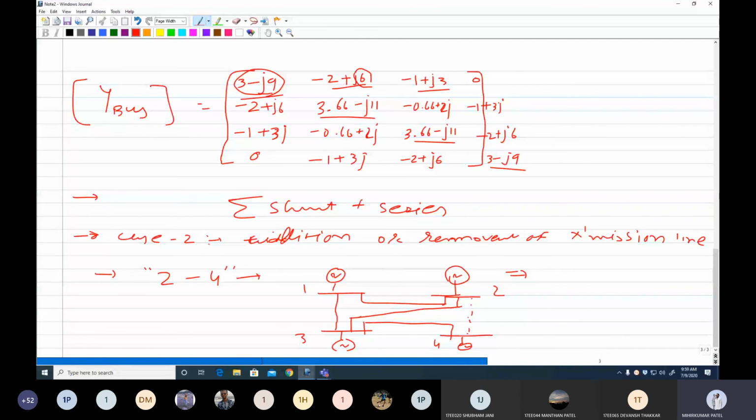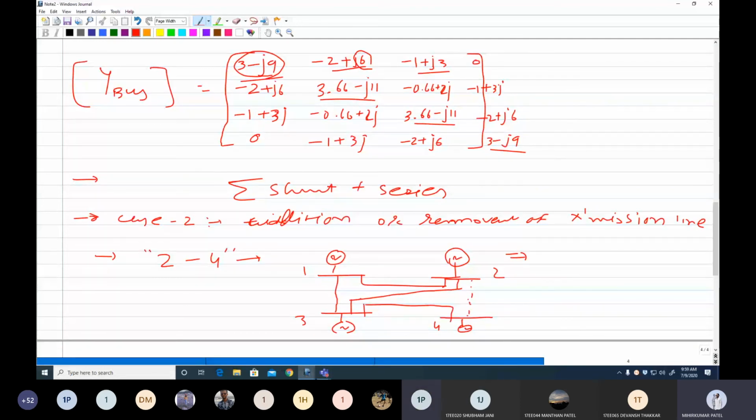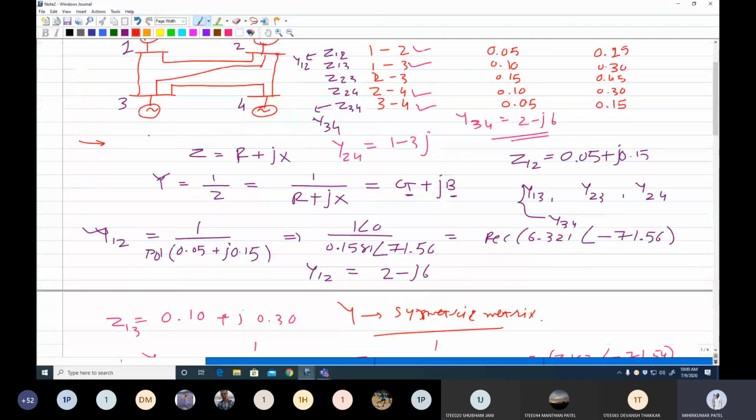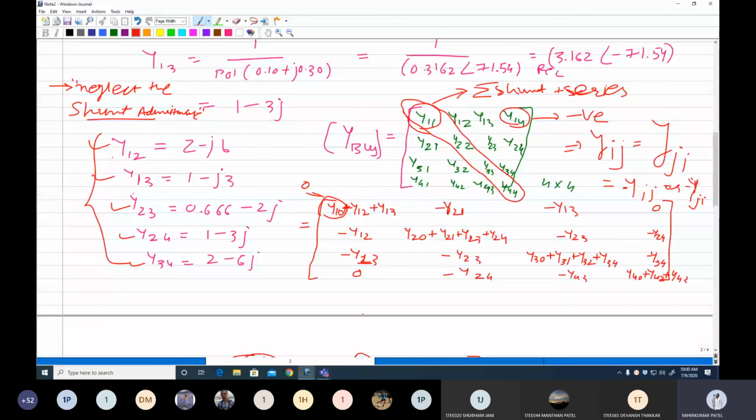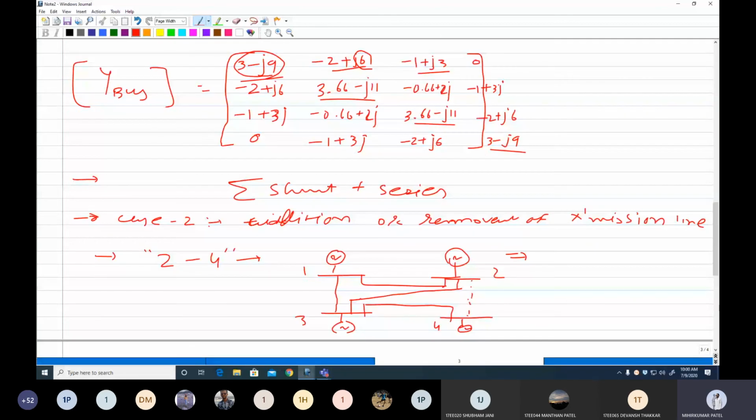Good. So what is the change if we remove the line 2 and 4? What are the elements which are affected from the removal of line 2 and 4? If we remove this line from this network, then what are the elements which are affected in this admittance matrix?